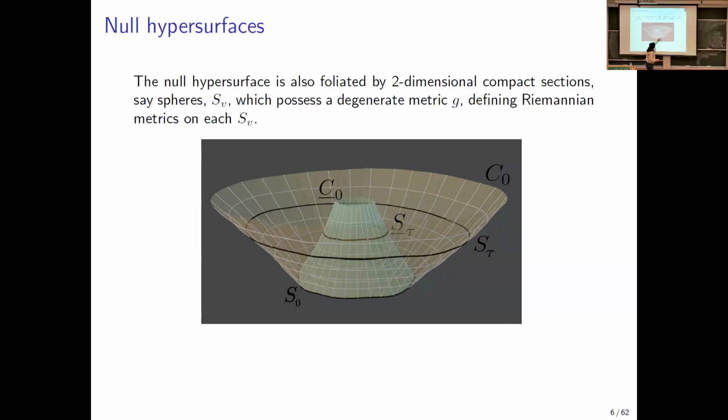But at the same time, it's also foliated by not one-dimensional objects, but by two-dimensional objects, these spheres here. These are Riemannian manifolds, Riemannian spheres. Both of these, the null generators and these sections, these Riemannian spheres, will be of extreme importance when we try to study the geometry of null hypersurfaces.